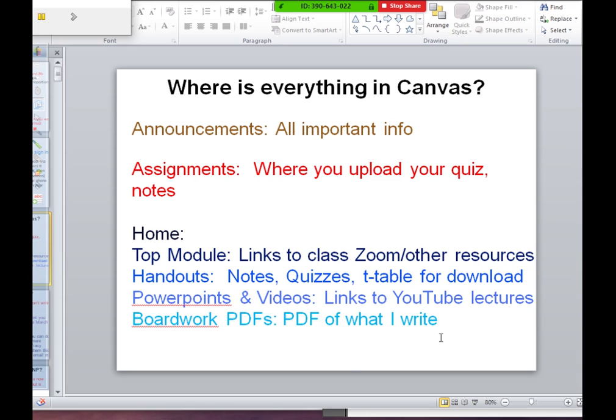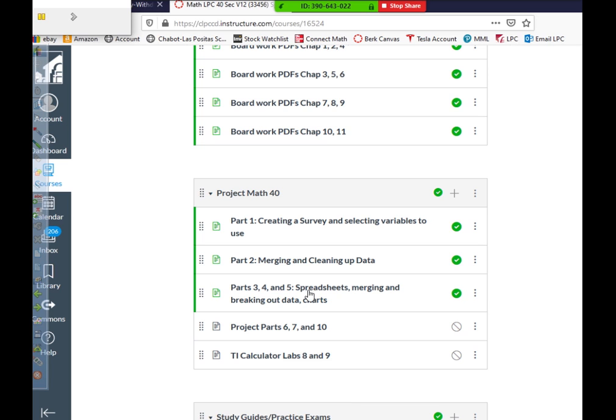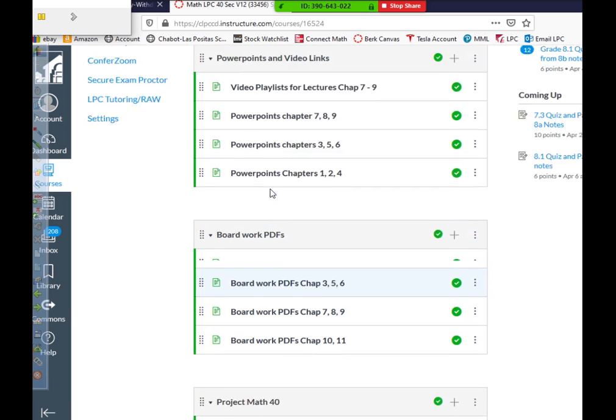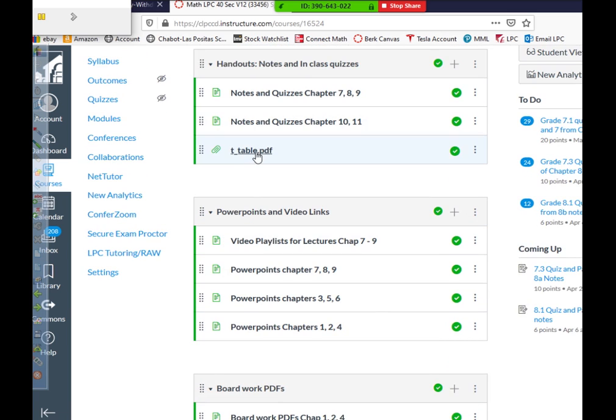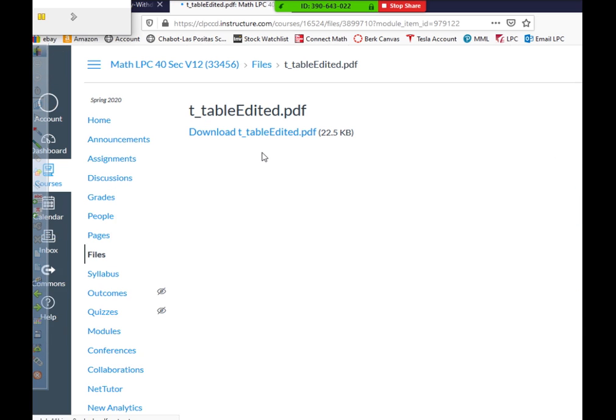Your table doesn't have the z-scores at the end? Oh, it does. When it's infinity. Infinity is the z-scores. So if you go to this t-table, it should have it. Does it not have infinity at the end?